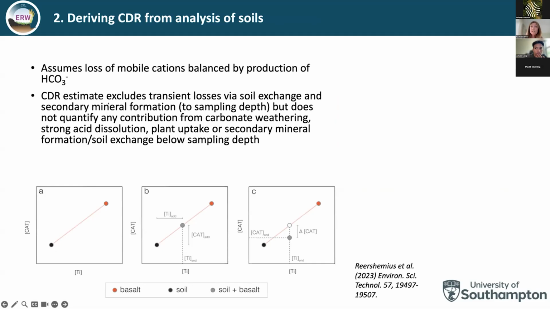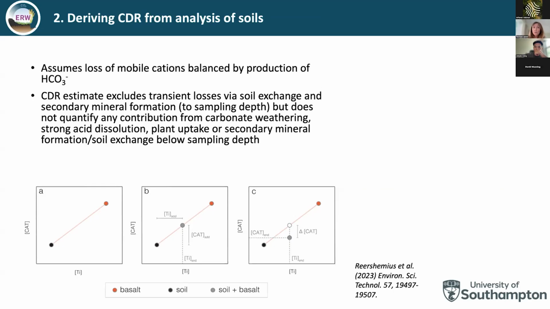But one thing I would say is that this gives us essentially a carbon dioxide removal, but it will include transient losses via soil exchange and secondary mineral formation to the sampling depth, but not beyond that. Doesn't quantify any strong acid dissolution or plant uptake.